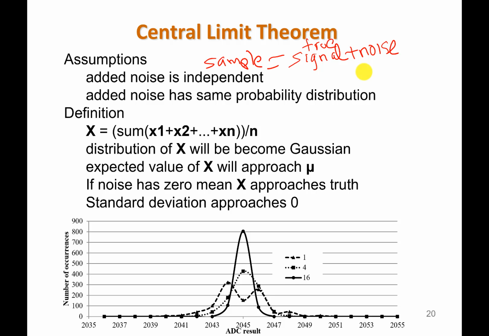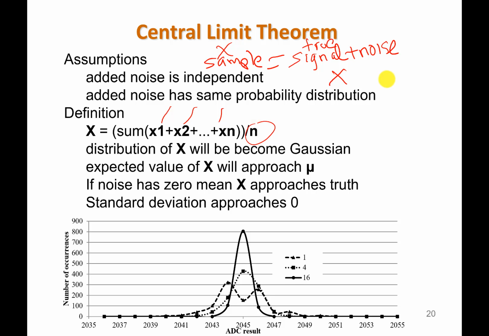Okay. Now, in a noisy environment, the obvious thing to do is, rather than take just one sample X and use that, we're going to take N samples and average them. The power in doing that is the central limit theorem.